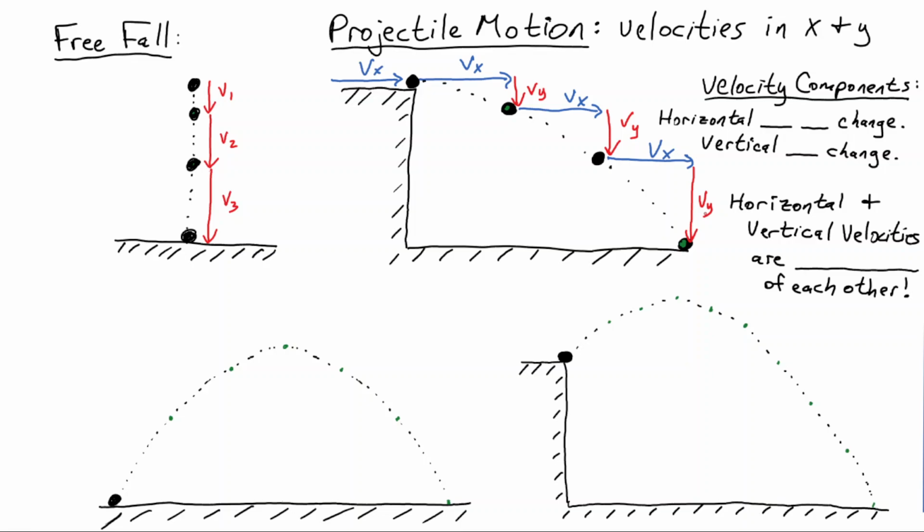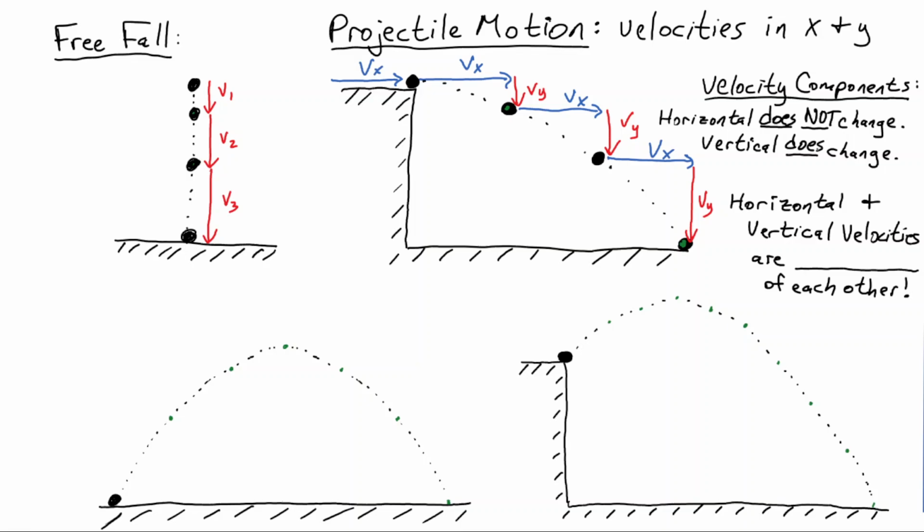will remain the same. So once again, the horizontal component of the velocity does not change, whereas the vertical component of velocity does change. And those are key ideas in projectile motion.